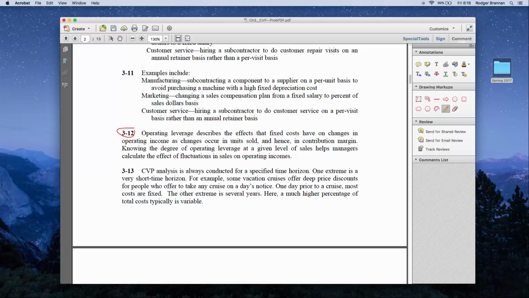An operating leverage of 3 is much riskier than operating leverage of 1. Now, it also means that if my revenues increase by $100, that my income will increase by 3 times that amount. Okay, I'm sorry, I misspoke myself.